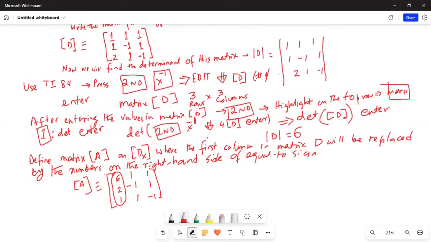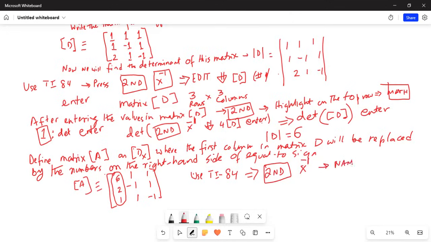So again, use the TI-84. What do we do? Second, then the X minus 1 button.